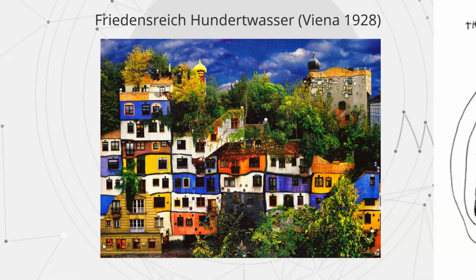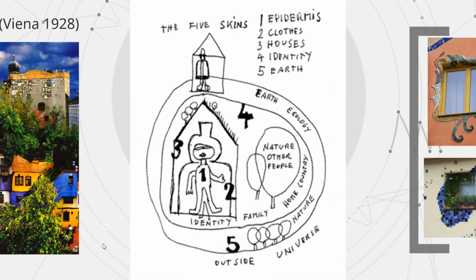And here I'd like to mention my favorite artist, Friedensreich Hundertwasser. He was born in Vienna in 1928, and he had this theory about the five skins. For Hundertwasser, as a survivor of the Holocaust, it was very important to express yourself in these five skins. The first skin was your epidermis, but it's also your values, who you are, your identity.